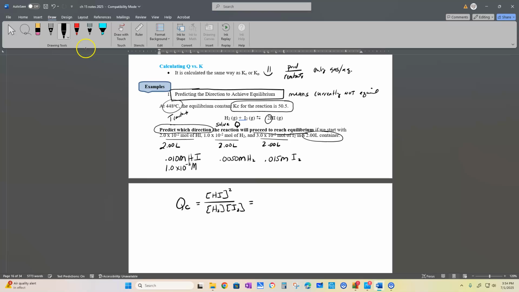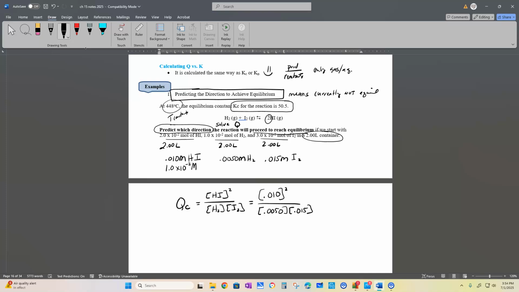That way you can keep track. All right, my HI, 0.010. And just like K, there's no point to put molarity because there are no units in this answer. H2, 0.0050, and I2, 0.015.